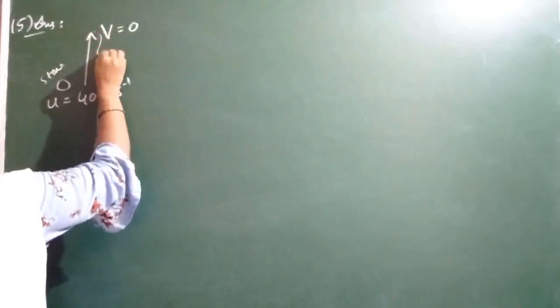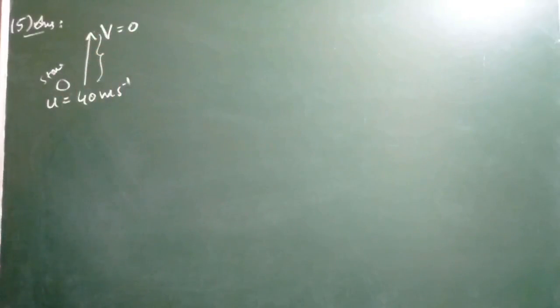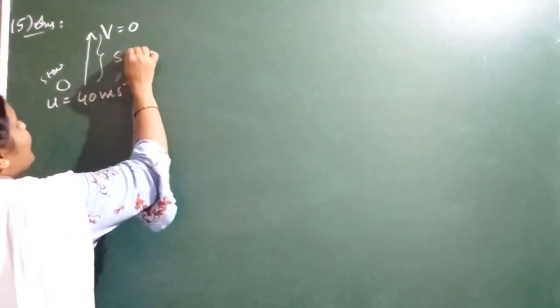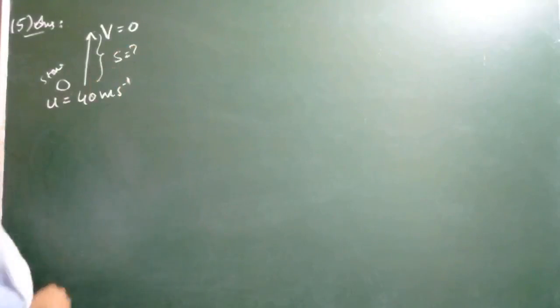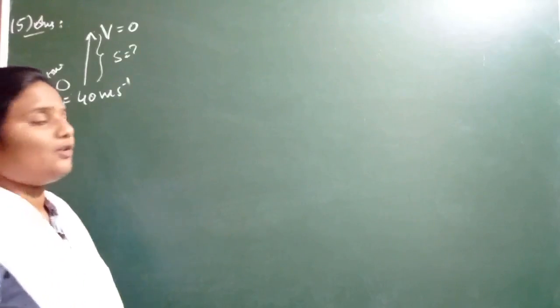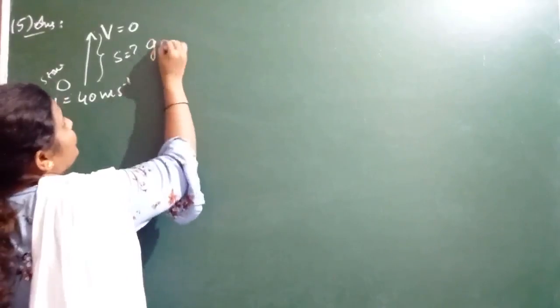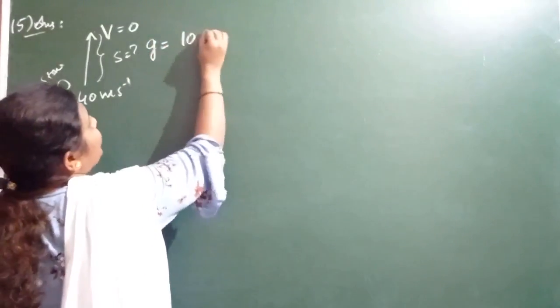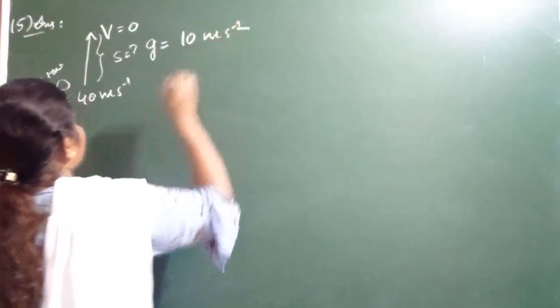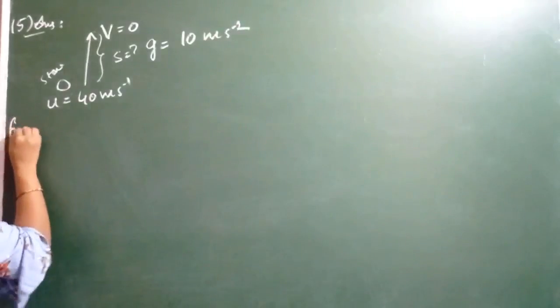So they asked us to calculate this height, nothing but the s value, and also the net displacement and the total distance covered, by taking the gravitational value of 10 meter per second square.